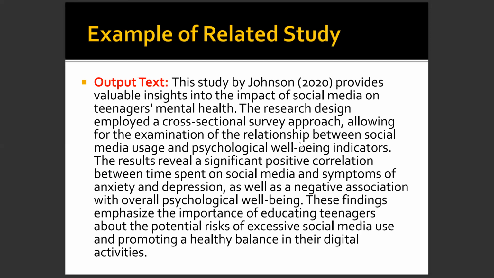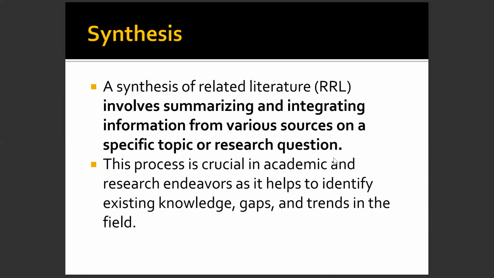The results revealed a significant positive correlation between time spent on social media and symptoms of anxiety and depression, as well as a negative association with overall psychological well-being. These findings emphasize the importance of educating teenagers about the potential risk of excessive social media use and promoting a healthy balance in their digital activity. So this will be your output that will be included in your review of related literature. But don't forget to paraphrase and summarize the text to avoid plagiarism, of course.